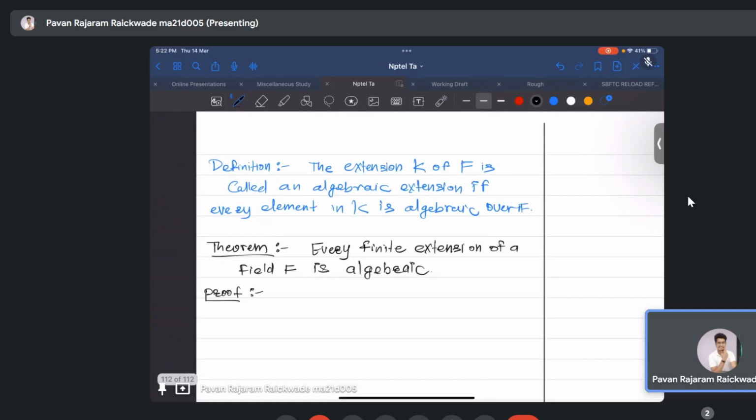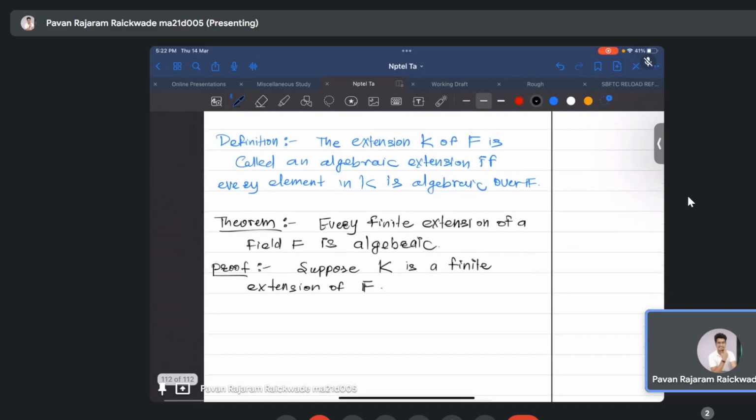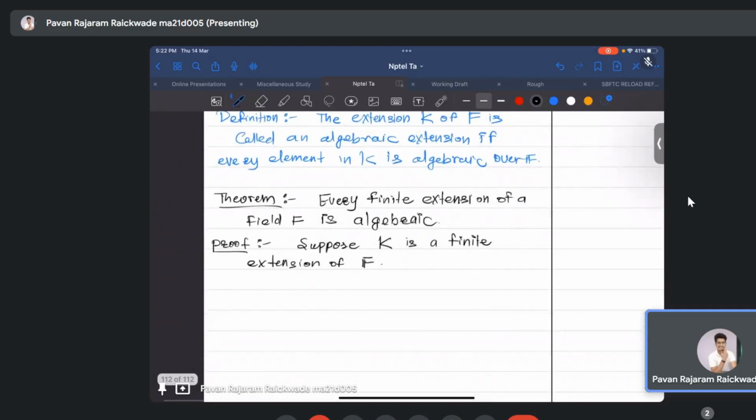Suppose K is a finite extension of F. When will K be an algebraic extension? If every element is algebraic.